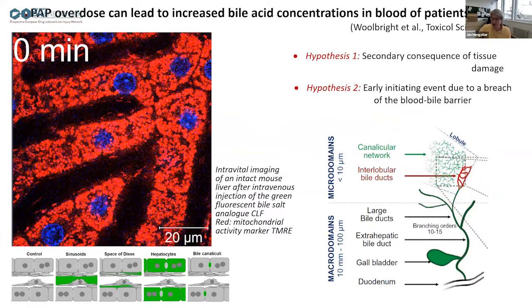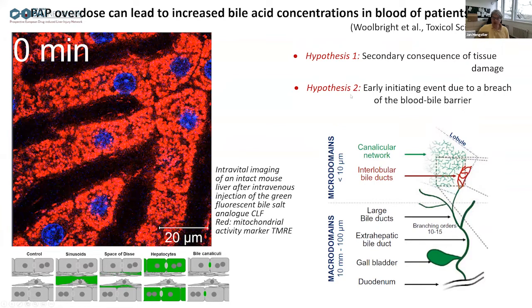So that's quite often that upon tissue damage, the bile acids increase because most bile acids are in the intestine, reabsorbed via the portal vein. And if the liver loses its excretion capacity, the concentration of bile acids would increase. So this would be trivial.